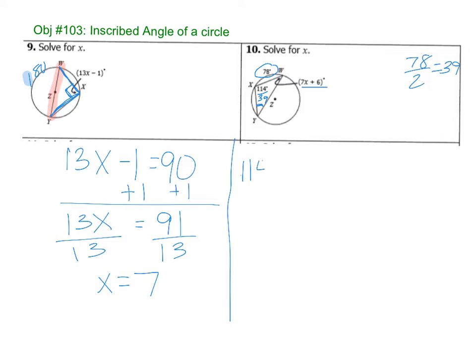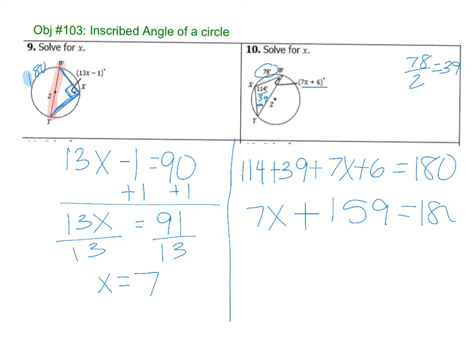So 114 plus 39 plus 7x plus 6 equals 180. Angles in a triangle add up to 180. I actually have my calculator next to me, so I'm going to use it. 114 plus 39 plus 6 is 159. Subtract 159 on both sides. I get 21, so x is 3. I am skipping steps, I'm sorry.